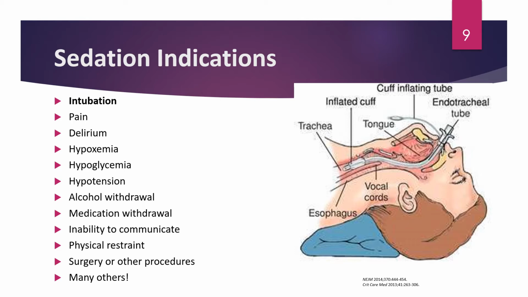That end of the endotracheal tube is hooked up to what is called a mechanical ventilator, and that ventilator may be set at different modes to help the patient breathe. And this can be a life-saving intervention in patients who have acute respiratory failure or other types of respiratory distress.